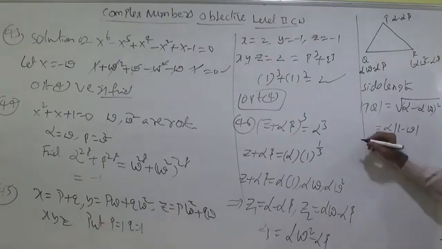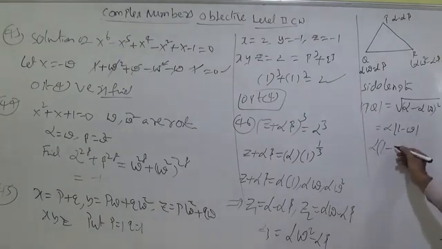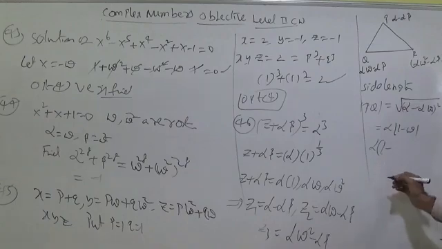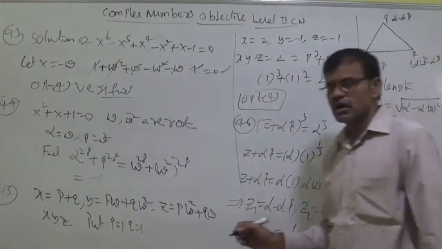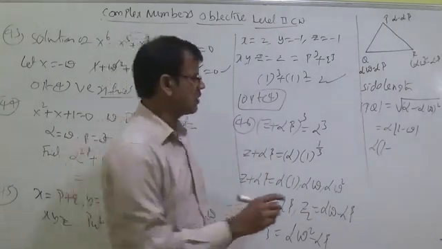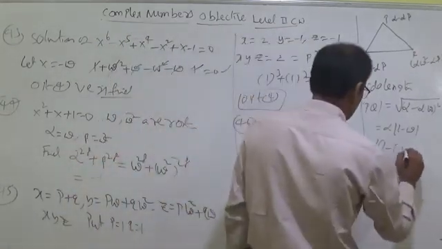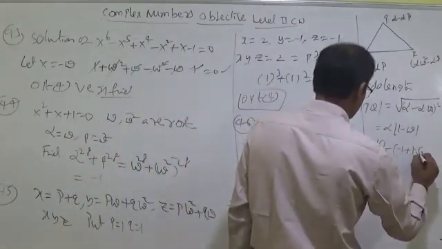Why did I write modulus of 1 minus omega? Because this is a complex number. Omega, by the formula, is minus 1 plus i root 3 by 2.